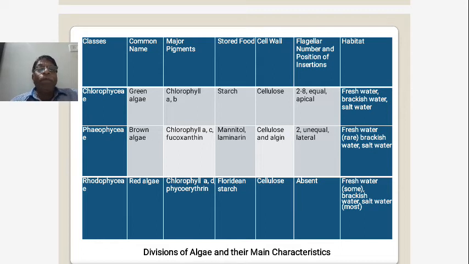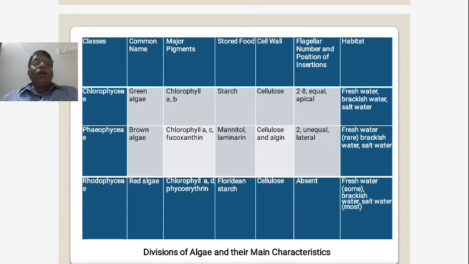The chlorophyll pigment means chlorophyll A and B. The members of the class Chlorophyceae appear green color because of the presence of chlorophyll pigment, that is chlorophyll A and chlorophyll B. Okay.